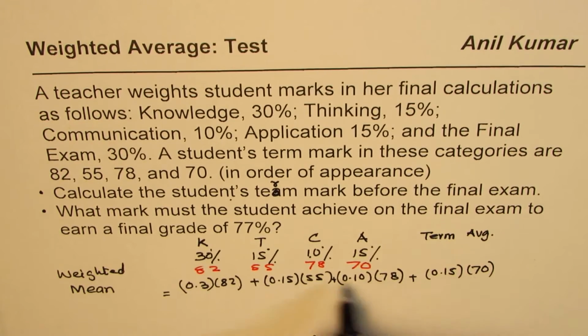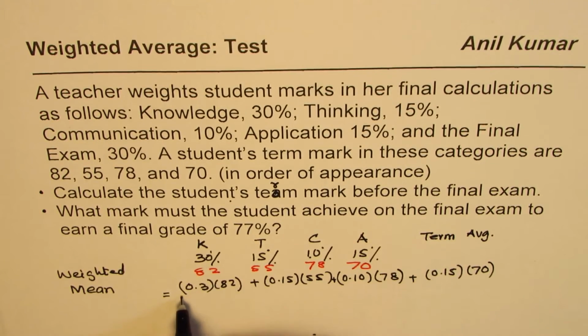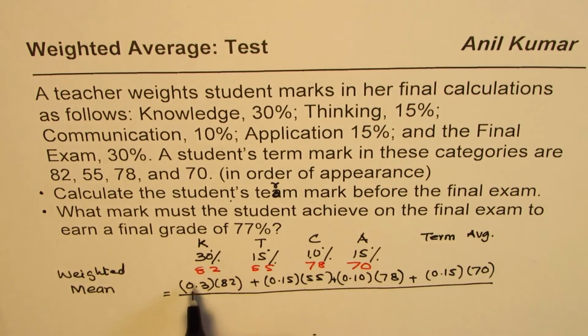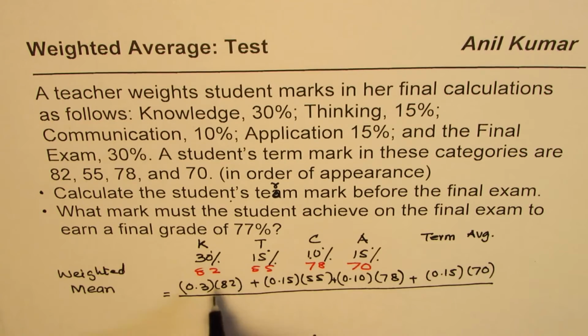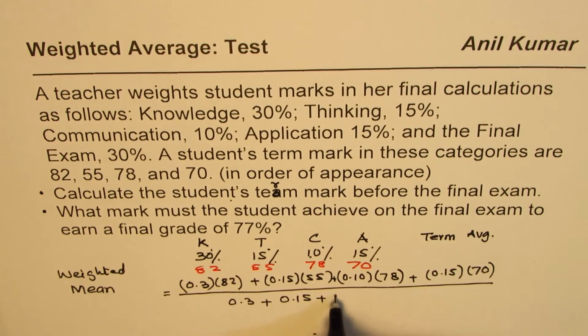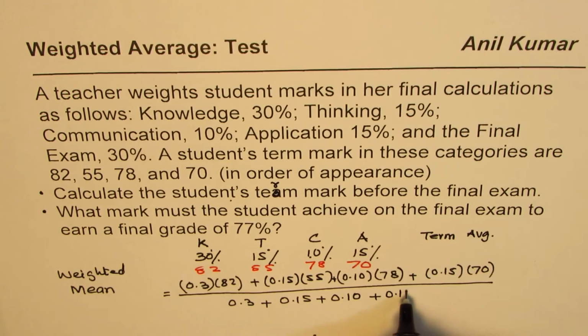You could write in percent, you could write as such also, divided by their weights. Since I wrote them in decimals, I'll write them in decimals. So I'll write 0.3 plus 0.15 plus 0.10 plus 0.15.